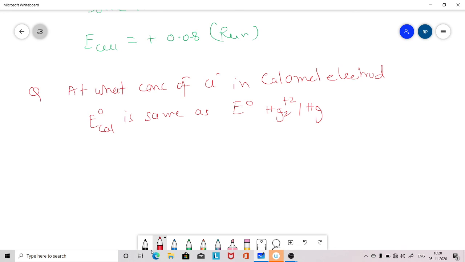So how to solve this one? Let's see the answer.